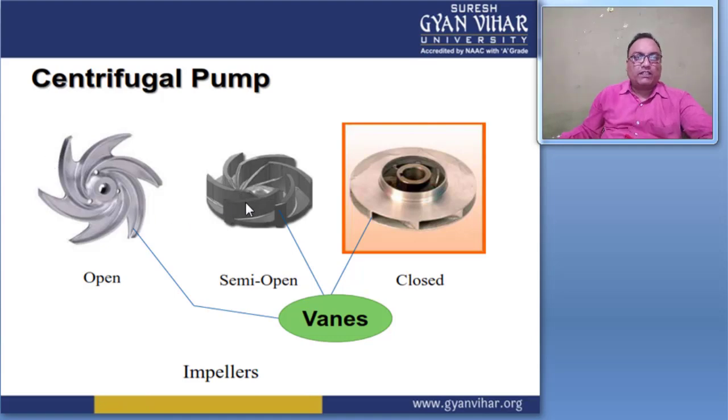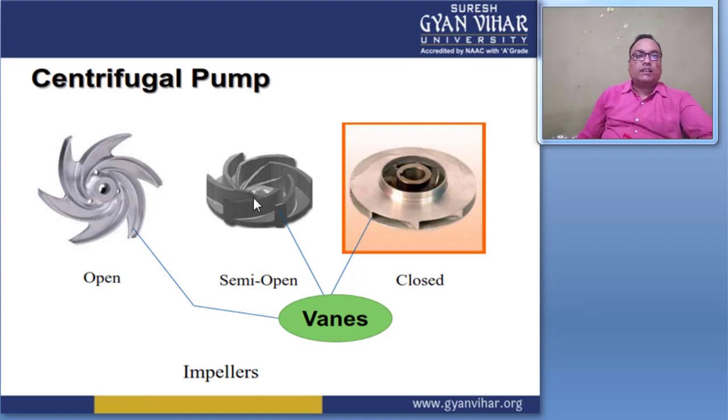But this is a semi-open impeller. Here one side is facing and one side is free, and this type of impeller you have seen in the motor in your home, right?